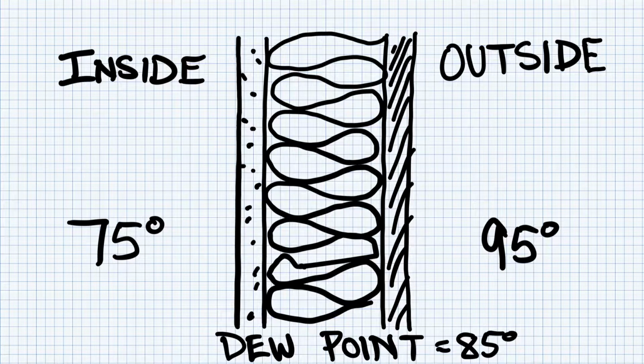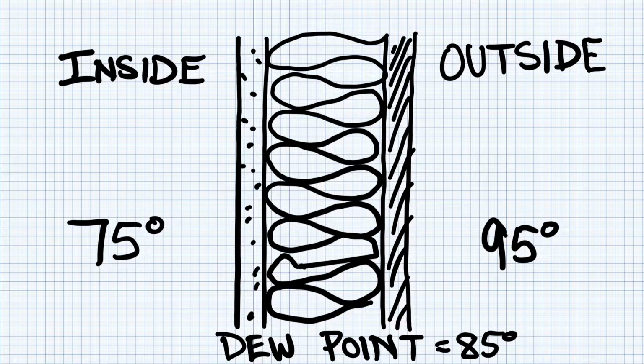Another concern that's not easily addressed through insulation alone is dew point. Dew point refers to the point at which relative humidity reaches 100% and condensation starts occurring as the water vapor condenses into liquid form. Now, this occurs at different points.